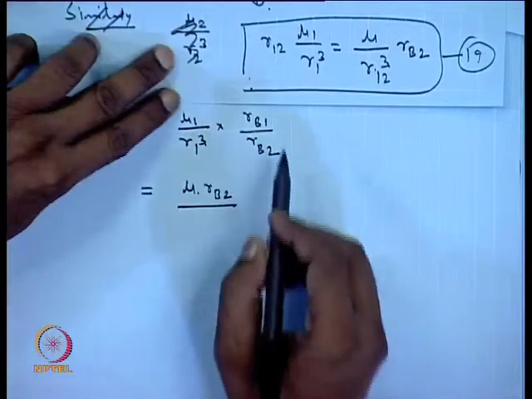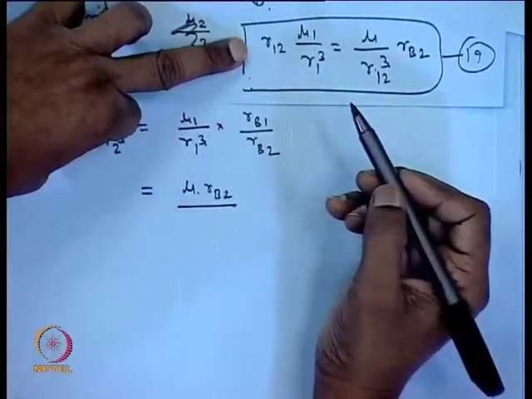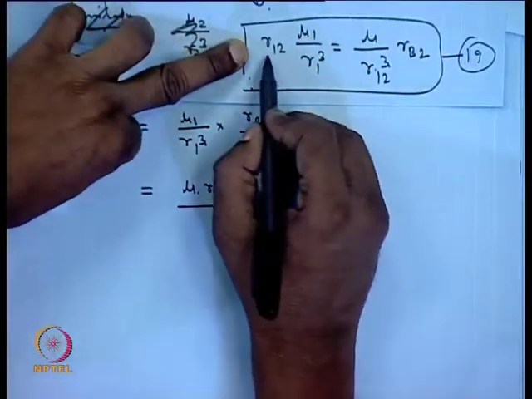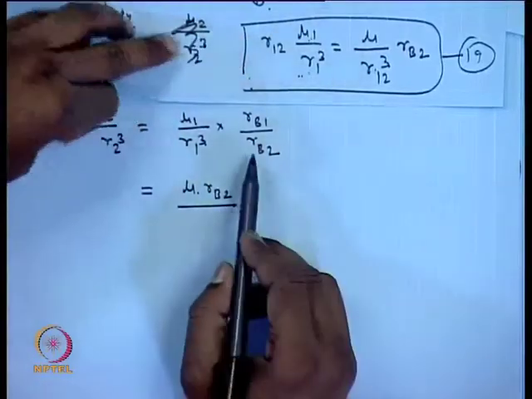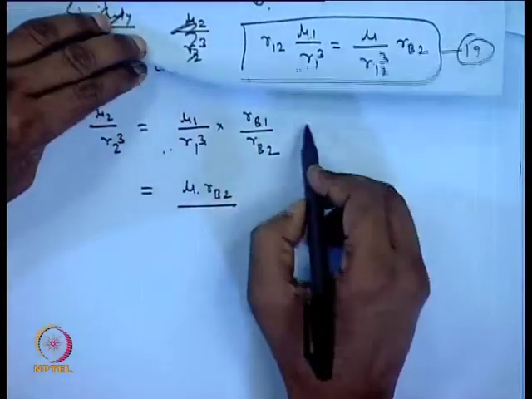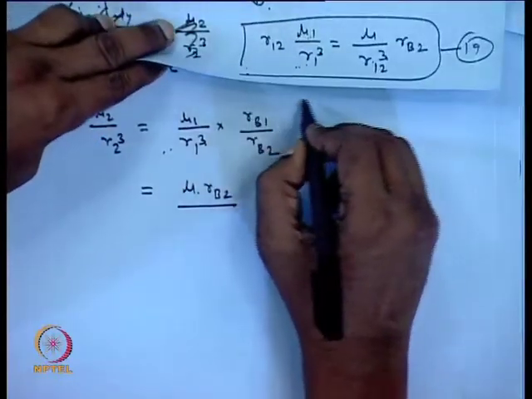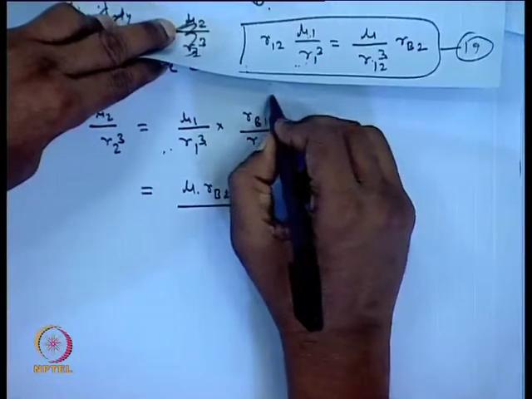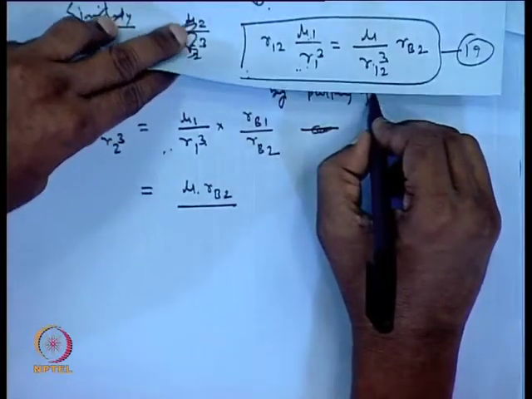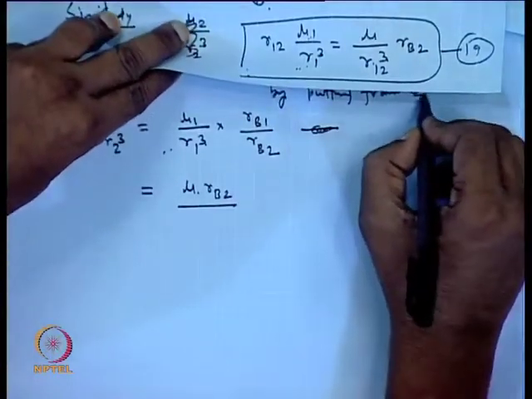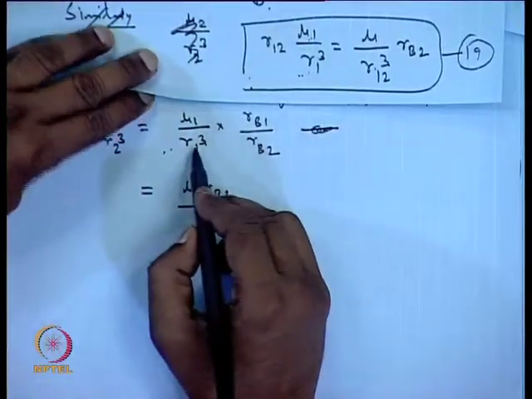So, from here we can take out mu 1 by r 1 cube and insert into this equation. Similarly, by putting from equation 19, mu 1 by r 1 cube we are replacing here.